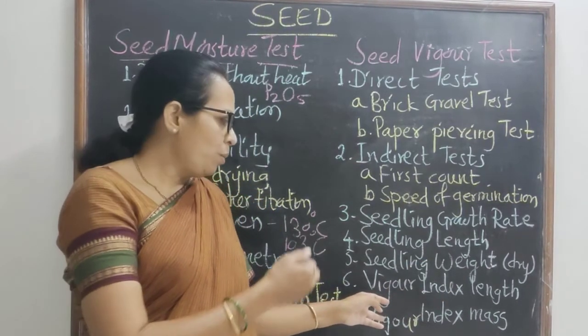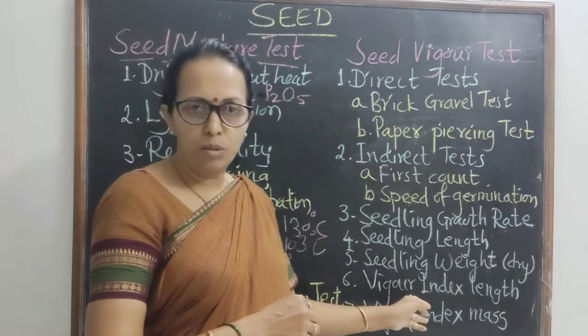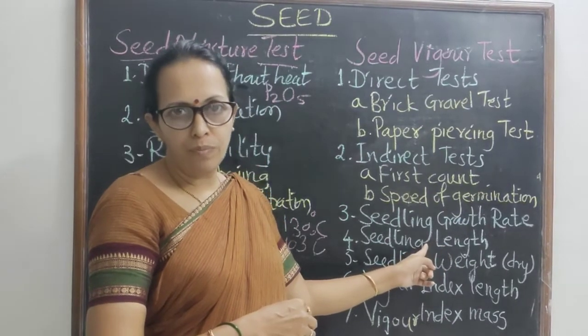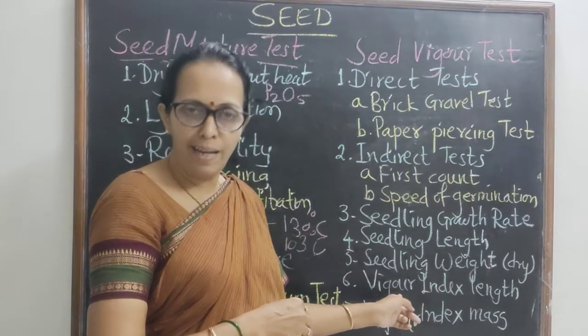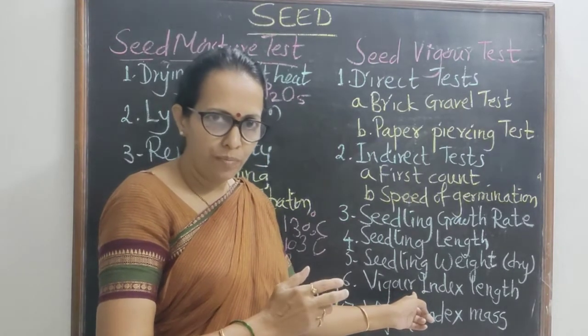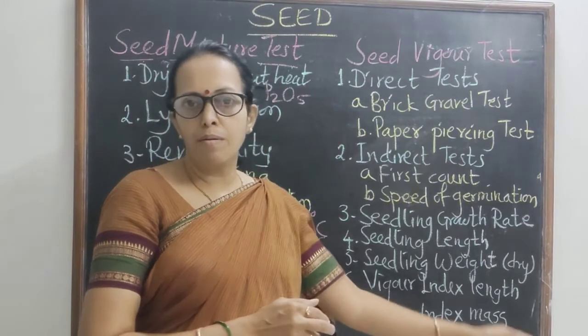Next, you are going to calculate the vigor index length. That is, you correlate seedling length with the germination percentage, which we call vigor index length. Even you can go for vigor index mass.